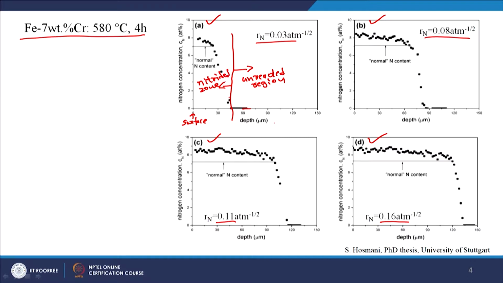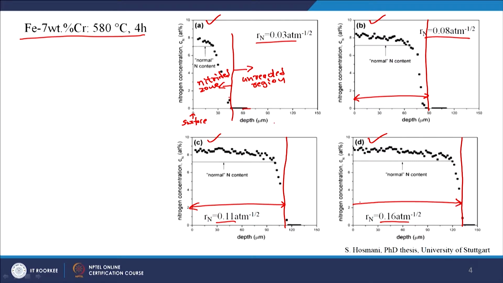Yeah. So, again you see the same as what we have seen in the previous slide from the light optical micrographs: the thickness of this nitrided region, that is this depth, is also increasing with increasing nitriding potential, and we will see why this is happening later.